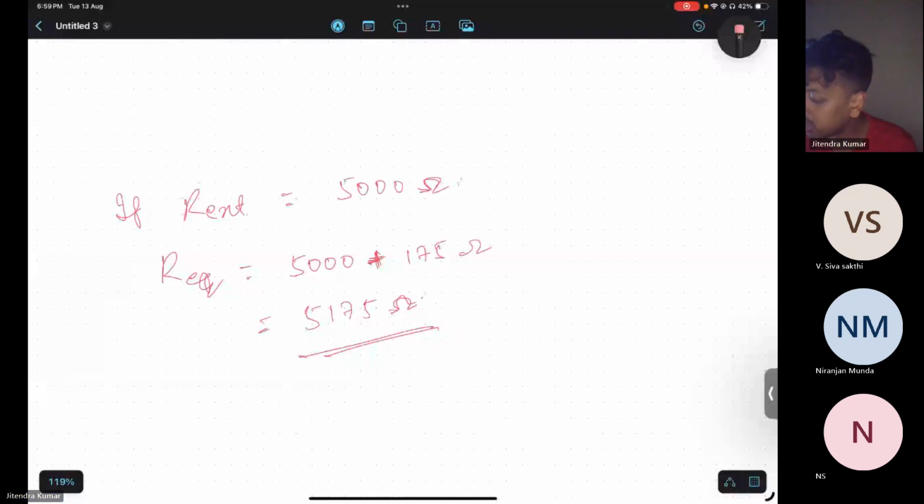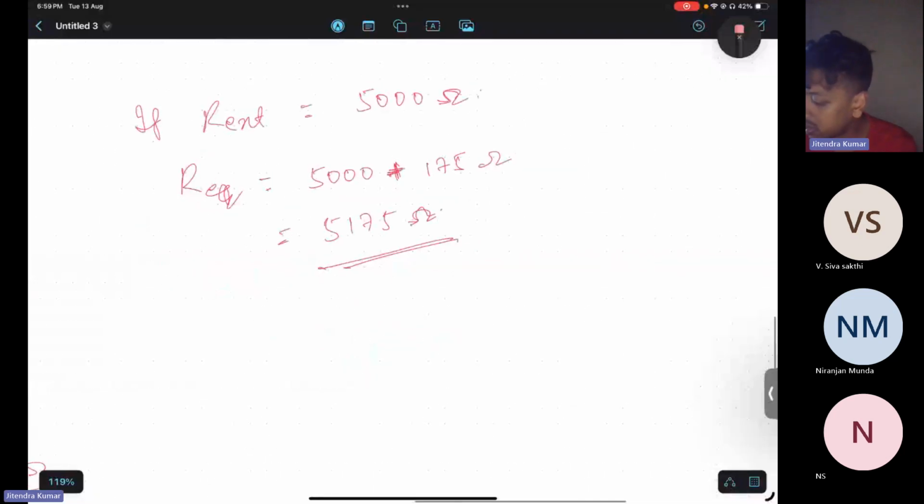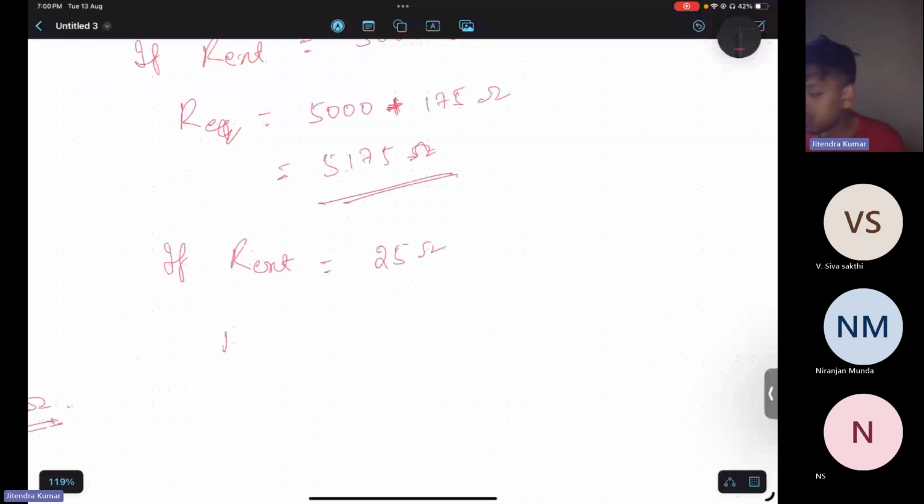On the lower side, if R external is 25 ohm, so R equivalent will be 175 plus 25, so it will be 200 ohm, isn't it?